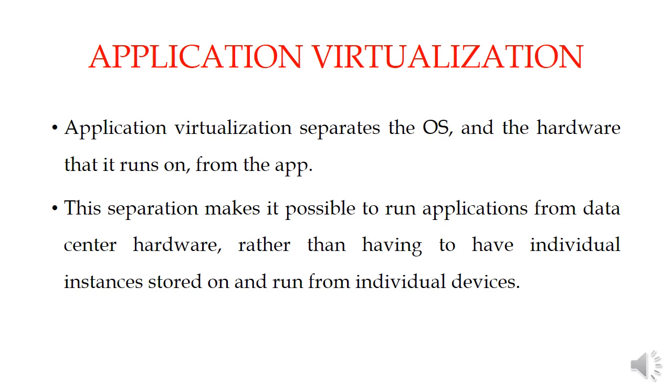Application virtualization separates the OS and the hardware that it runs on from the app. This separation makes it possible to run applications from data center hardware rather than having to have individual instances stored on and run from individual devices.